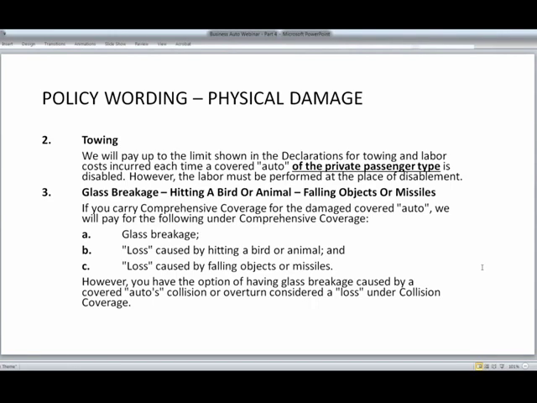The reason you would claim it under comprehensive is because in the standard writing of a business auto policy, you will find in most cases a lesser deductible for comprehensive than for collision.